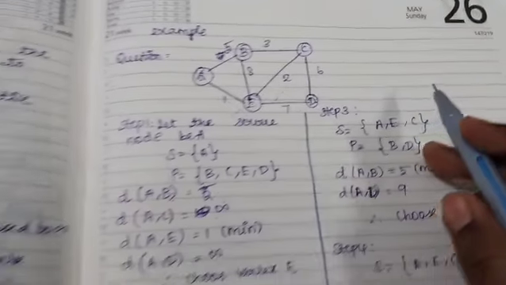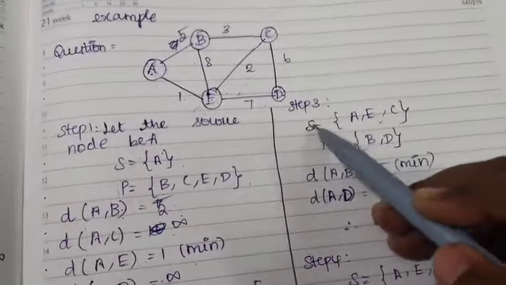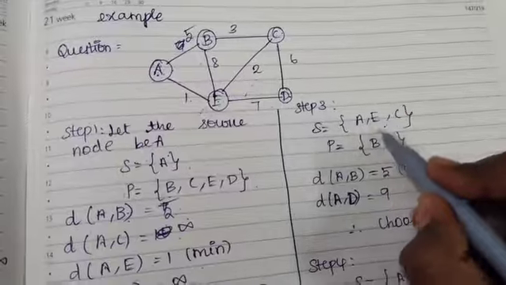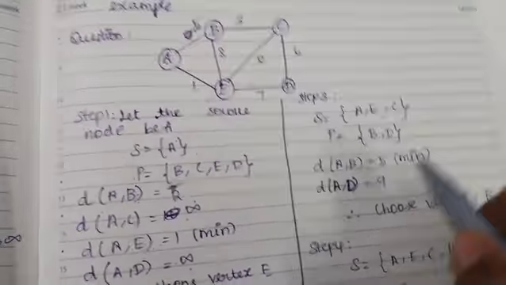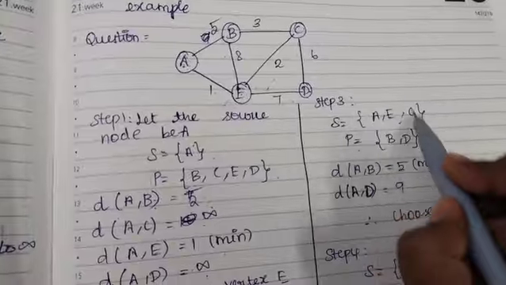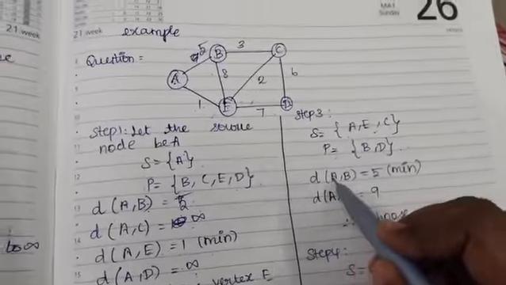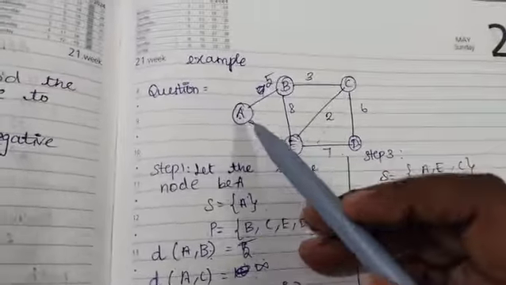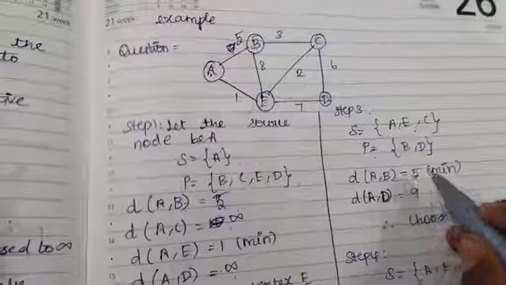Step 3. Now we add C to the source nodes. So the source nodes are A, E, C, and the remaining vertices are B and D. Let's see the distance of A comma B. It is direct, so I write it as 5.